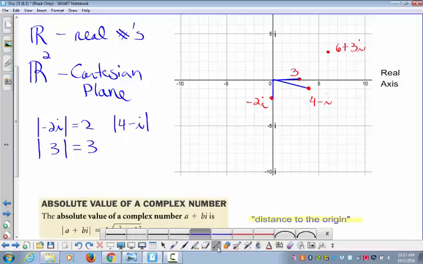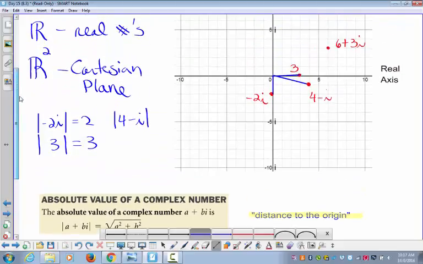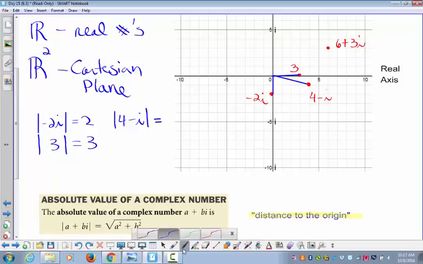When we talk about this distance to the origin, here we really are just interpreting it like a Cartesian plane, and that's an ordered pair 4 comma minus 1. That's just the Pythagorean theorem, the square root of the sum of the squares. So the distance this number is from the origin is going to be the square root of the sum of the squares.